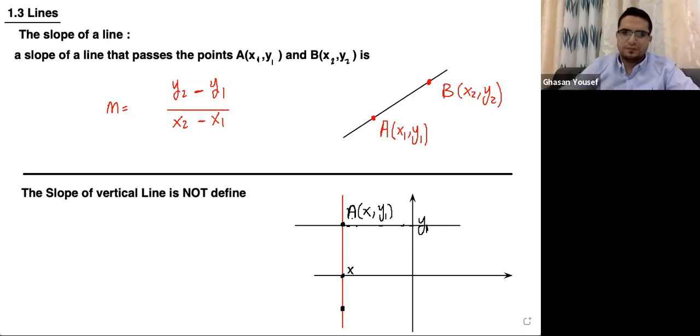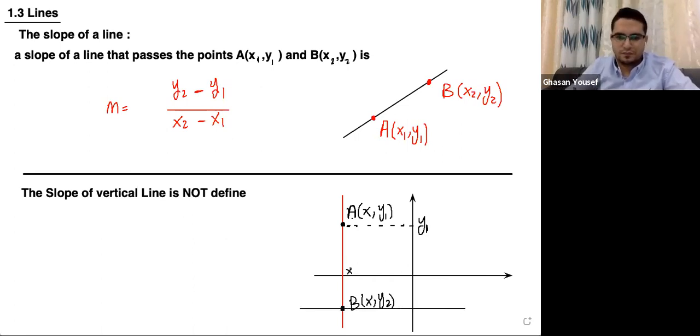This is x, where the line passes the x-axis, and this point again is B of x comma y2. So my y2 is around here. This is y2.